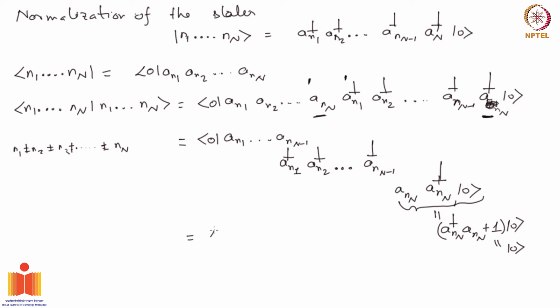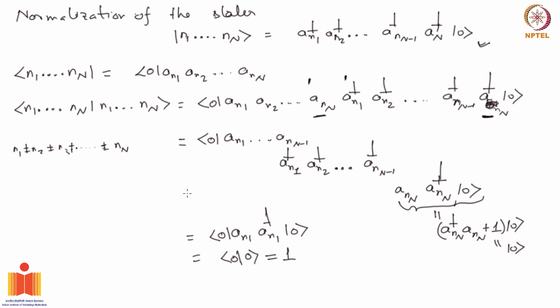You will end up with this 0, and you know the last one will be what? a_{n1} dagger. This will be the last one which will be left, and then again the same step. You will have this, and if you say that my ket 0 is normalized, meaning this product is 1, then I got 1. Which means that the state with which we started, this one, is already properly normalized, so I don't have to do anything.